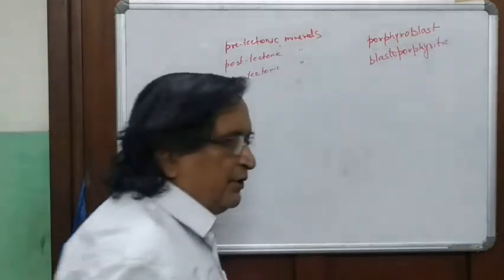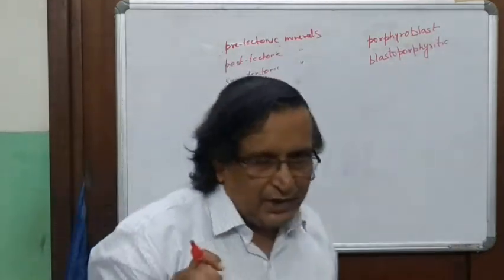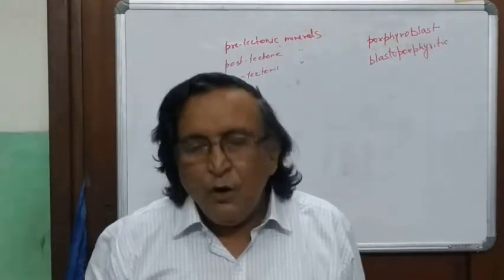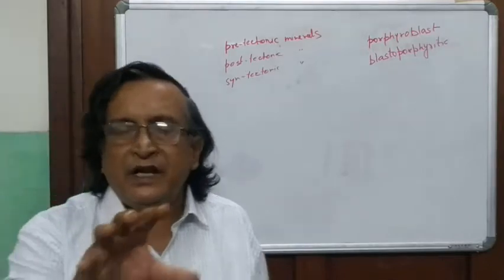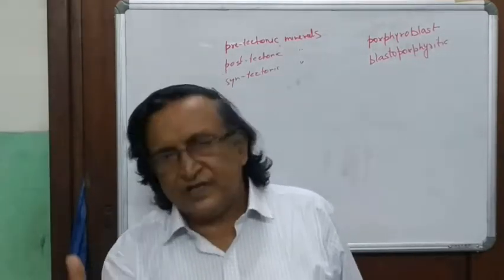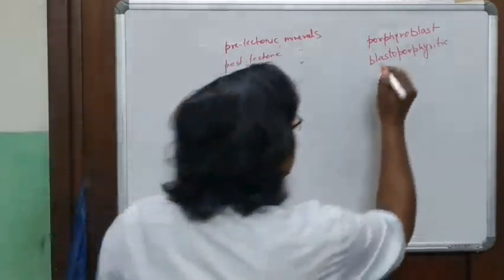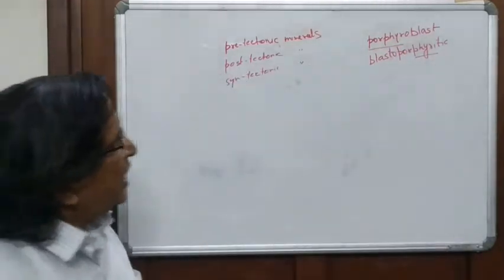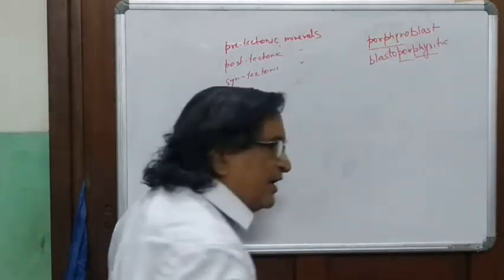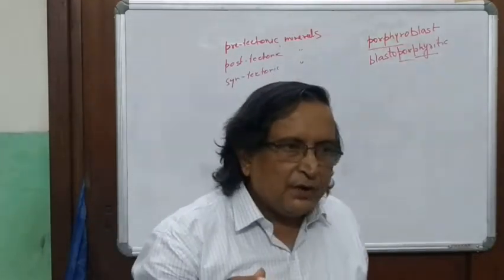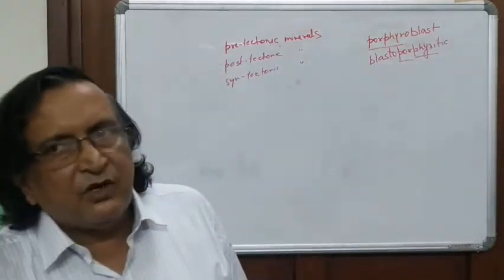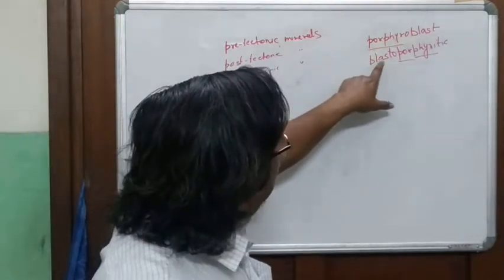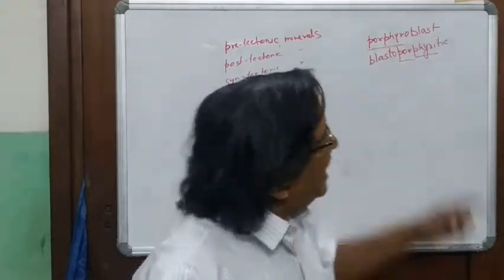Blastoporphyritic. Now you remember from your igneous texture, a particular texture that we discussed is called porphyritic texture, where a particular mineral is larger than the matrix. So it is that same term porphyro. This means we are talking of a mineral which is somewhat larger than the minerals in the matrix. Now there are two terms, blastoporphyritic.